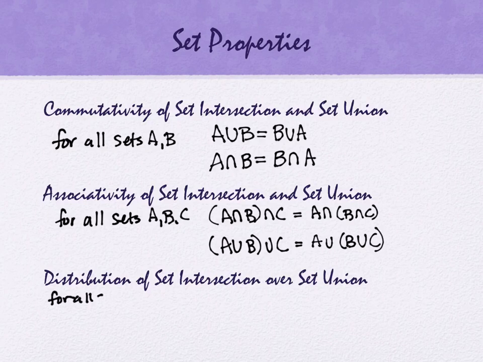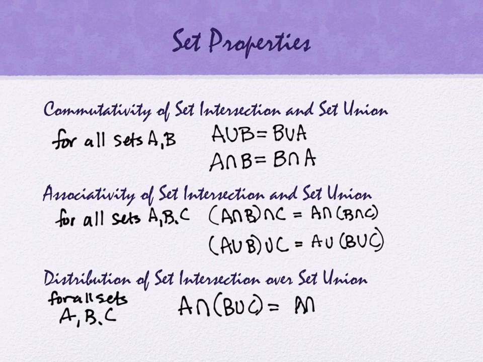So for all sets A, B, and C, just like the last piece, if we do the intersection of A with B union C, this is the same as the intersection of A with B, and then unioning that with the intersection of A with C. So distribution, it kind of feels like this piece is sort of going over the parentheses, right, and being grouped with each of them individually. That's the distribution property with numbers that we have seen, and will see in chapter 3 too.